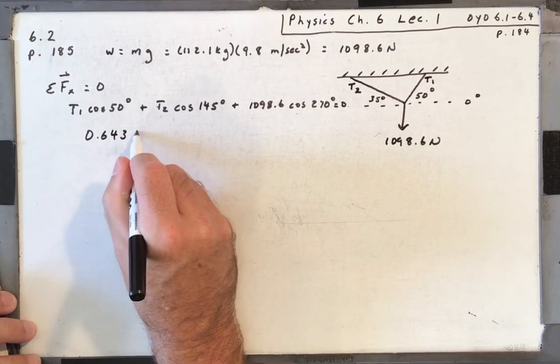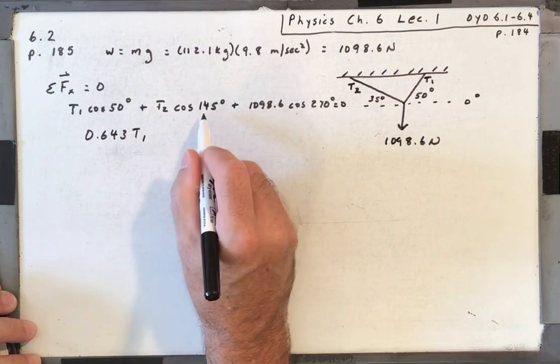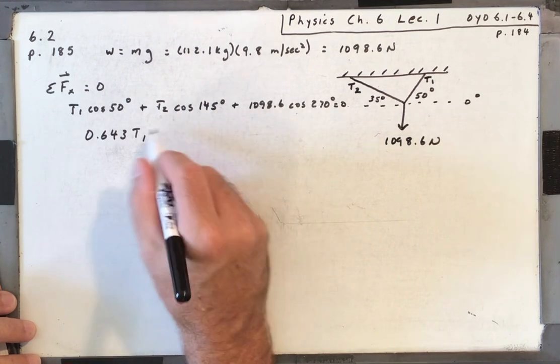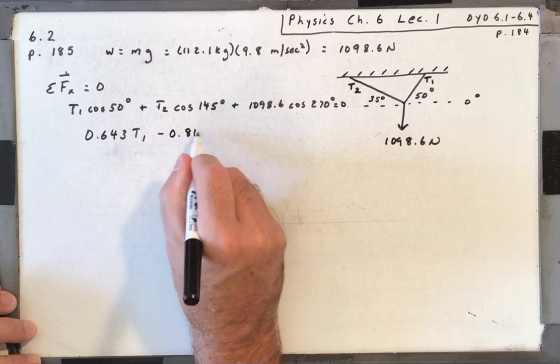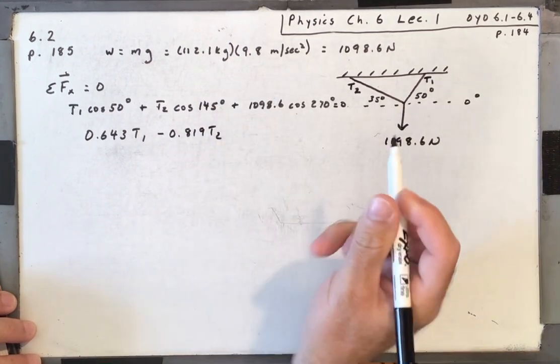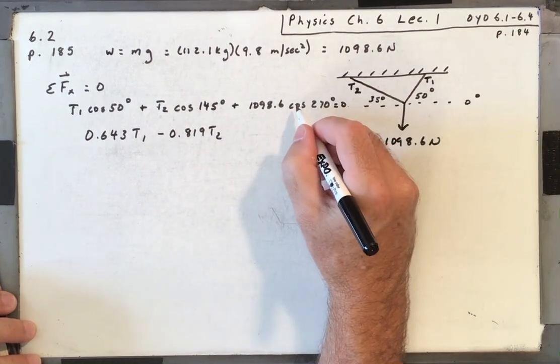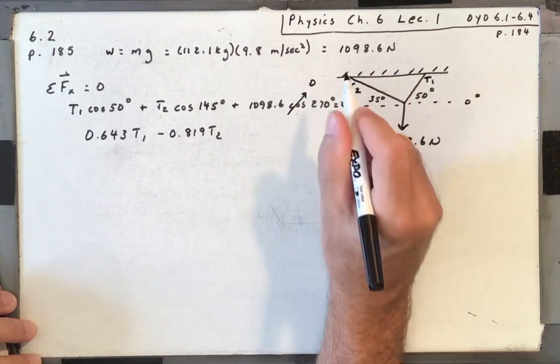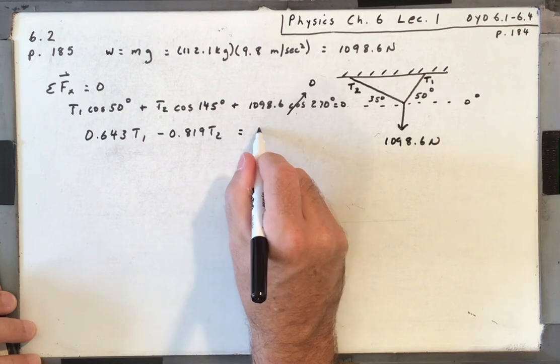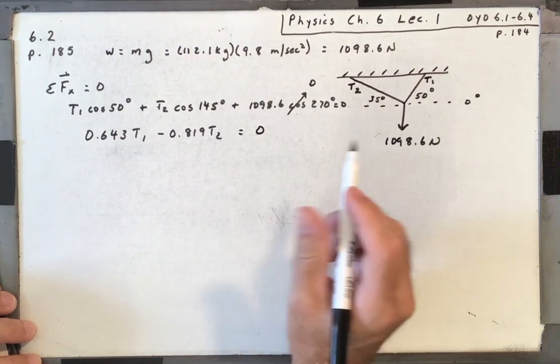And then a cosine of 145 is negative 0.819, so minus 0.819 T2. And then the cosine of 270 is actually 0. You can put that in your calculator and test that. That's 0. So that is equal to 0.